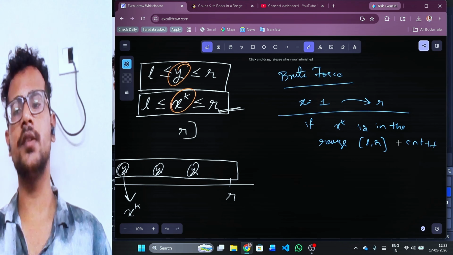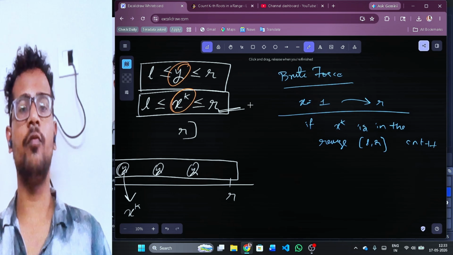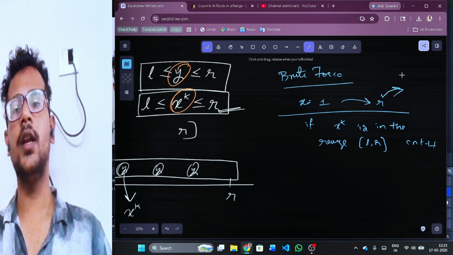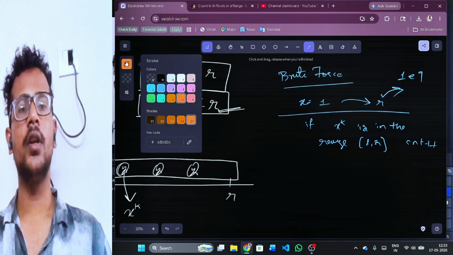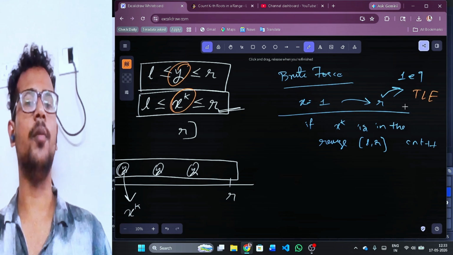But that isn't an optimized one. Why? Because R can be up to 1e9. So that will definitely give you TLE, nothing but time limit exceeded.